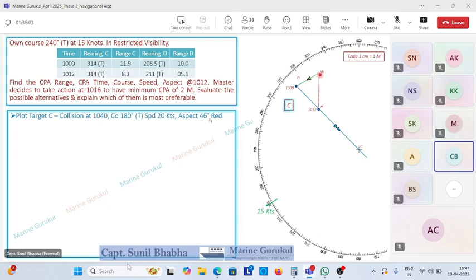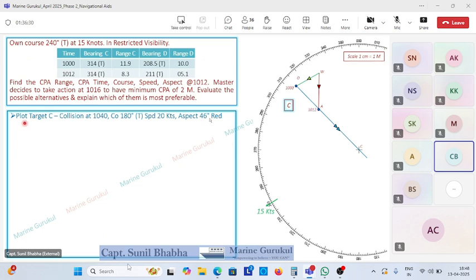Now if we join W with A, Whiskey with Alpha, the WA vector gives us the course and the distance covered by the target within the plotting interval. So we have the WA vector representing the course and the distance covered by the target in the plotting interval from 1000 hours to 1012 hours.